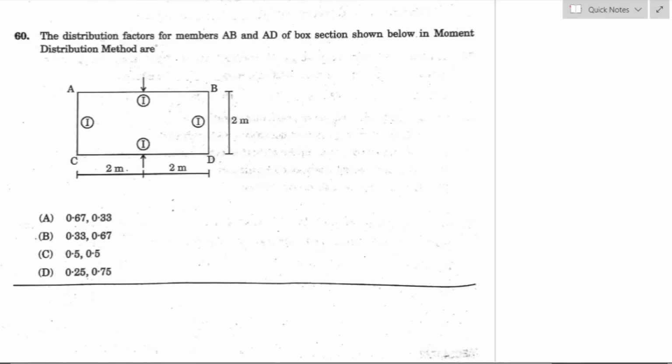Question number 60. The distribution factor for member AB and AD of a box section shown below in the moment distribution method are. In this question you can observe there is no member AD. It should have been given as AC member. So assuming the member as AC, let's solve this question. Before finding the distribution factor for member AB and AC, we have to calculate the stiffness factor for member AB and AC.